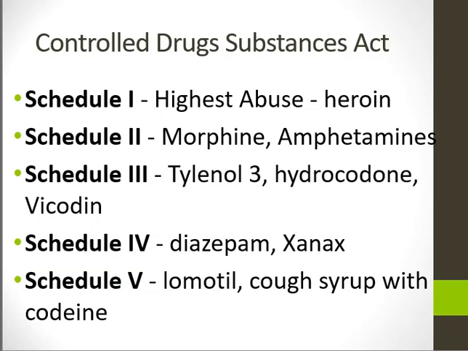What the Controlled Substances Act does is it creates schedules for drugs that have shown the potential for abuse. And the lower the schedule number, Schedule 1, the higher the abuse potential. So Schedule 1 would be highest abuse.